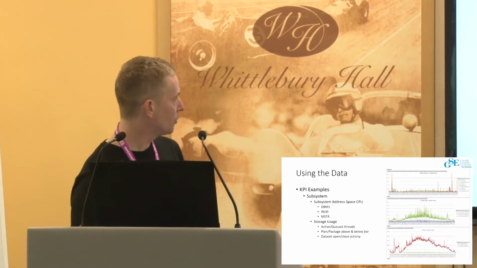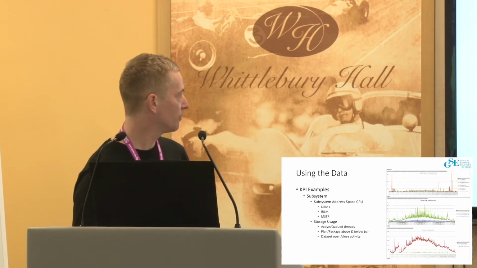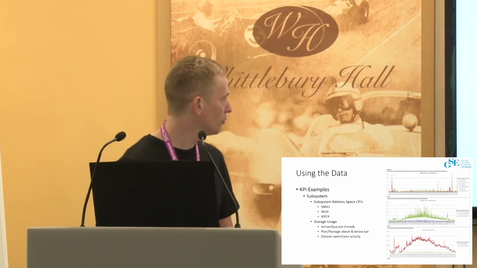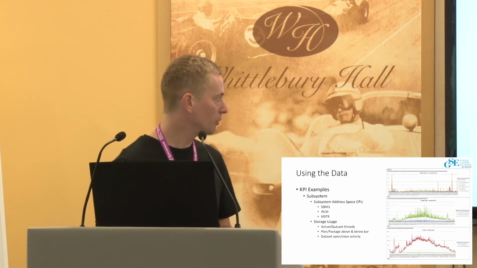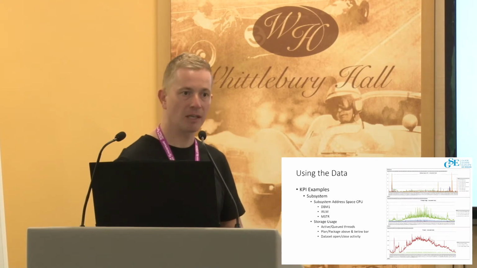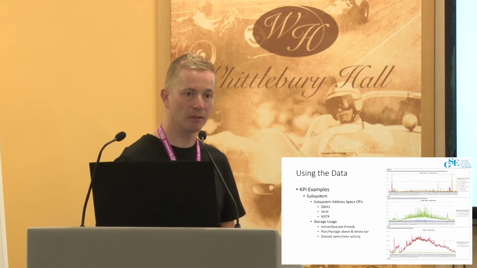You can look at your storage stats for active threads. Look at your plan and package storage above and below the bar. You look at dataset open/close activity, and through plotting these out, you can get a very clear idea of how your system should be behaving under normal conditions.